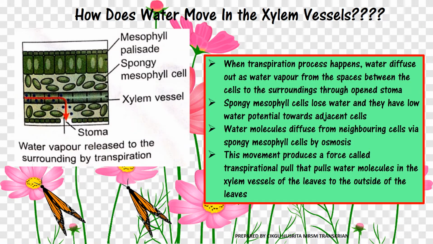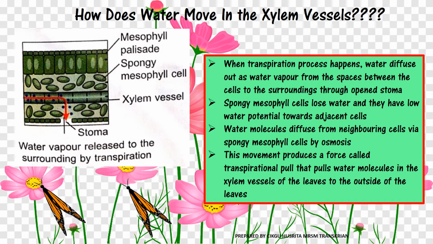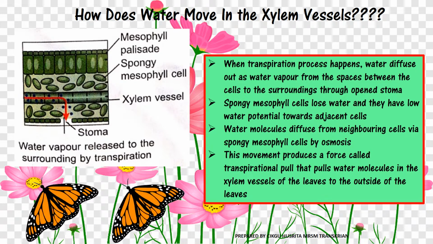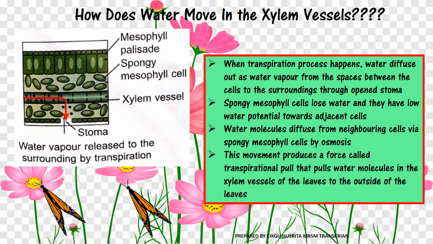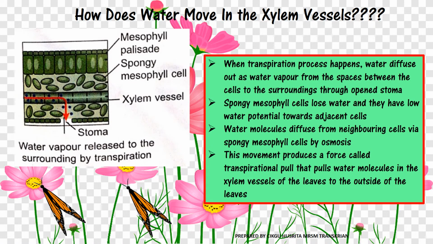Alright, and then lastly, now when the water moves into the leaf, what will happen? When the transpirational process happens, water will diffuse out as water vapor from the space between the cells to the surrounding through open stoma.